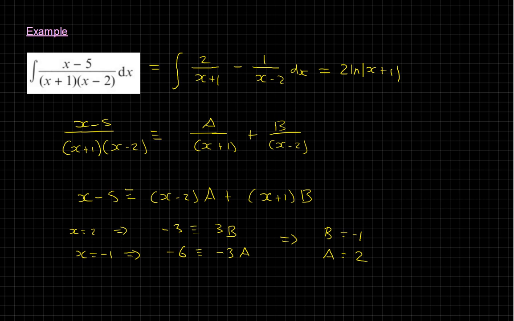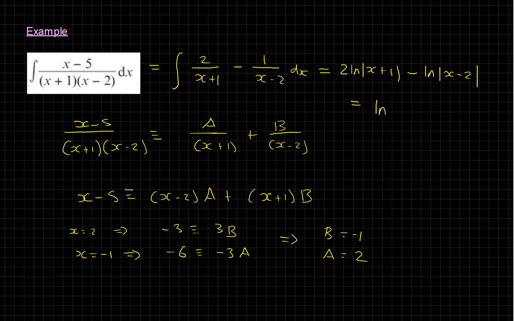And then the second integral, the bottom of the partial fraction is x minus 2. The derivative of x minus 2 is 1. That's the same as the top, so we can straight away directly write that as ln of x minus 2. And it's minus because we are in fact subtracting those two partial fractions, so that minus there becomes that minus there. And then to just finish that off, we can combine all this.